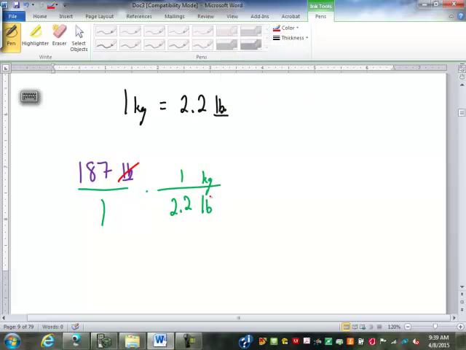So the pounds cross cancel. 187 times 1 kilogram is 187 kilograms. 1 times 2.2 is 2.2. And then we have to divide out. 187 divided by 2.2, I believe, is 85. So it's 85 kilograms.